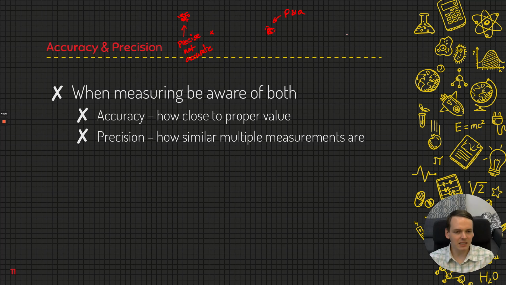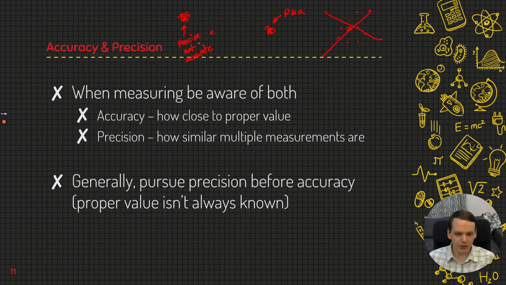Technically, we can sometimes talk about something that's accurate but not precise. That might look something like this, where it's all centered around the bullseye, but they're not grouped tightly. But we don't typically talk about that last situation. We usually only talk about whether it's precise or not, and then if it is precise, we'll talk about whether it's accurate or not.